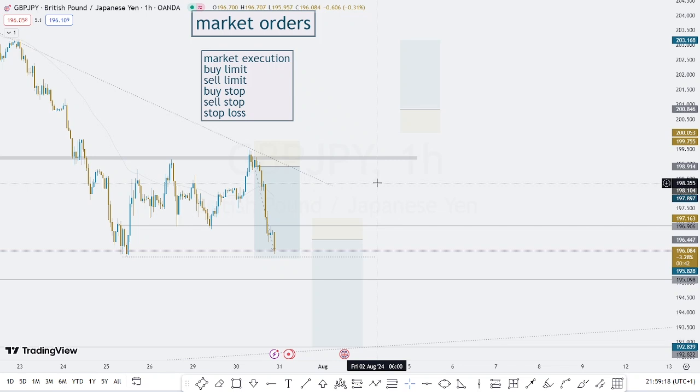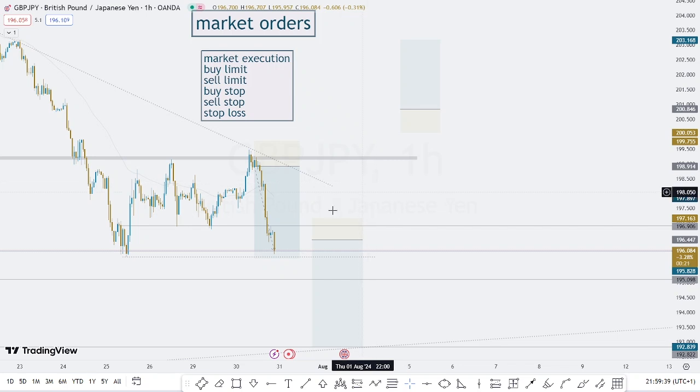You ask the seller how much he or she is selling, and the seller just tells you the price. That price is the current price of that market. So that is market execution.